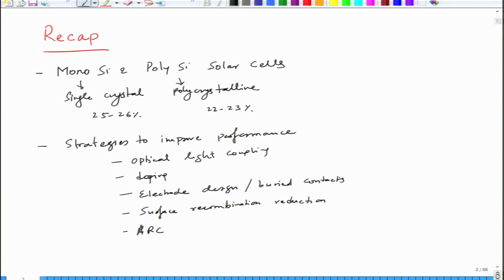These are strategies used to improve the quality of both polycrystalline and monocrystalline silicon solar cells. The way it is done in the two solar cells may be slightly different, but they are by and large similar.